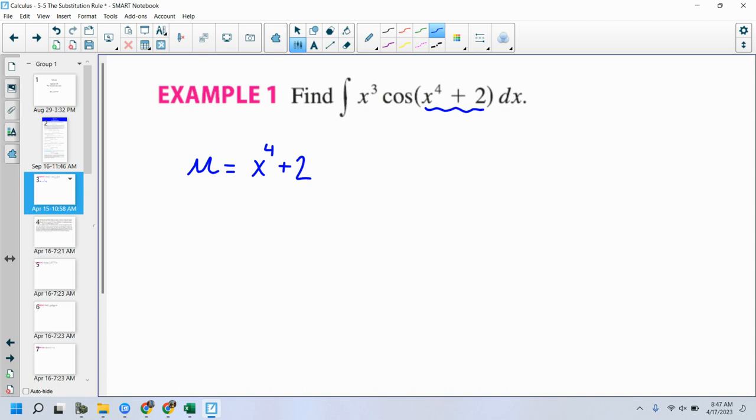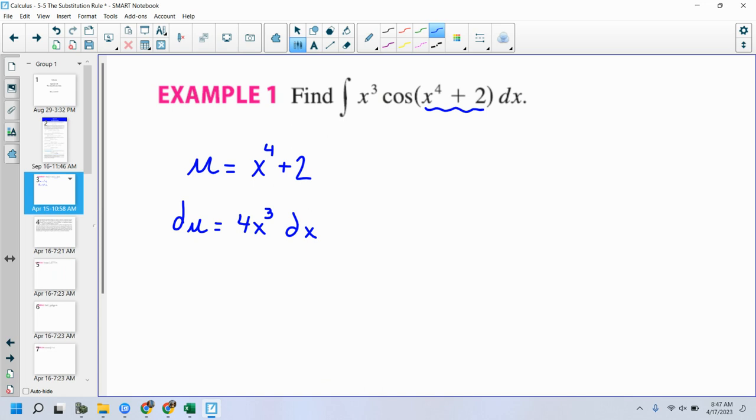Once you define u, there's your g of x. What I'm going to do is calculate the derivative of it, with respect to x, correct? So I'm going to say du is equivalent to 4x to the third dx.